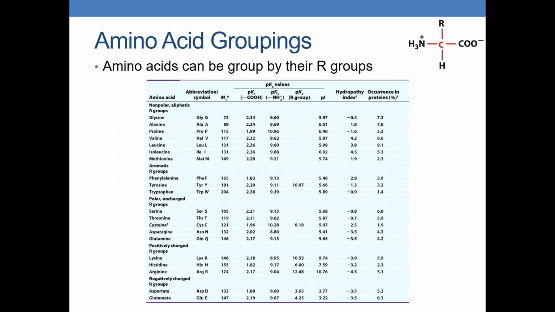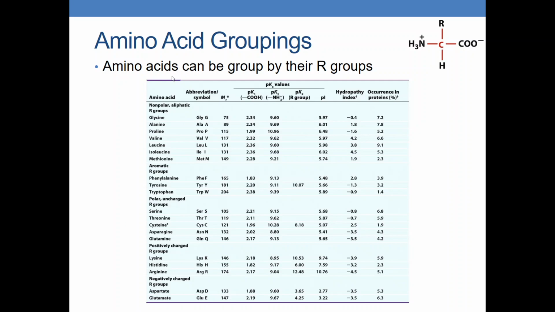So the grouping here, and we're going to talk about each grouping in a moment, is centered really on the properties of the R group. The polarity of the R groups varies widely. Some are nonpolar and hydrophobic, some are highly polar and hydrophilic, and then you're going to find that there are a few amino acids that do not fit perfectly into any one group. Cysteine is an example of this.